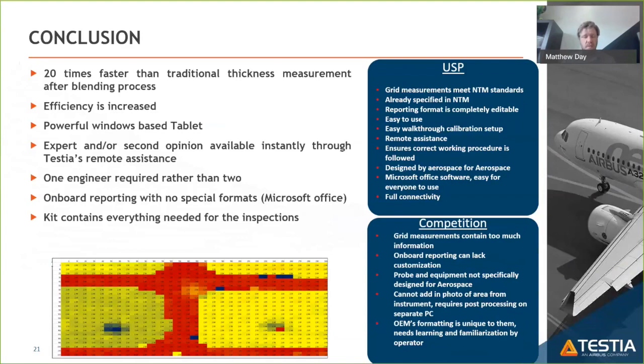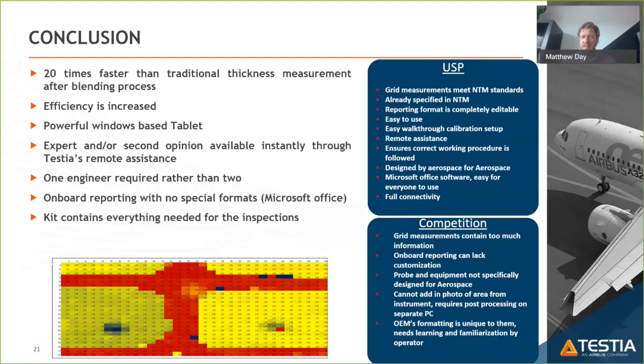Sometimes too much information is not a good thing. Onboard reporting can lack customization, so reports can be generated on competitive equipment, but there is a lot of features on there that can't be edited.